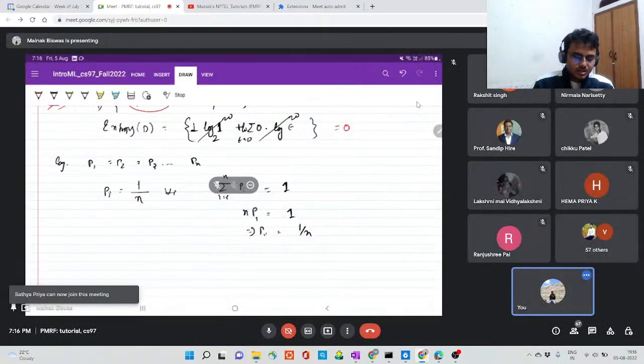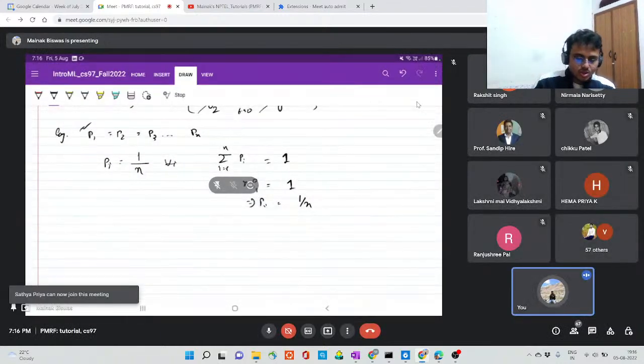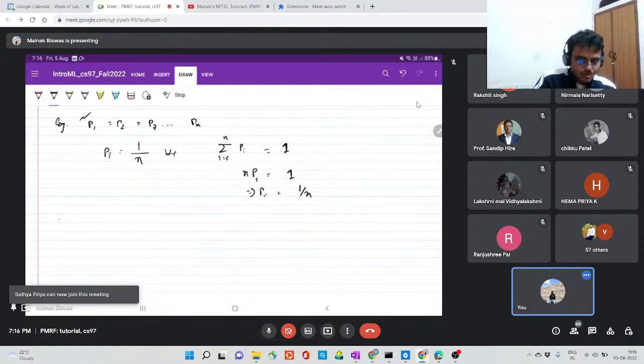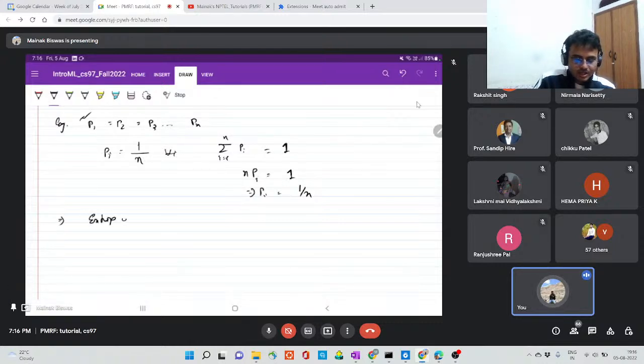Right? Anywhere, anytime you have a doubt, you just stop me there itself. So now, if you do this for the entire distribution, entropy here would be the summation of 1 by n log 1 by n, base 2, over all n.